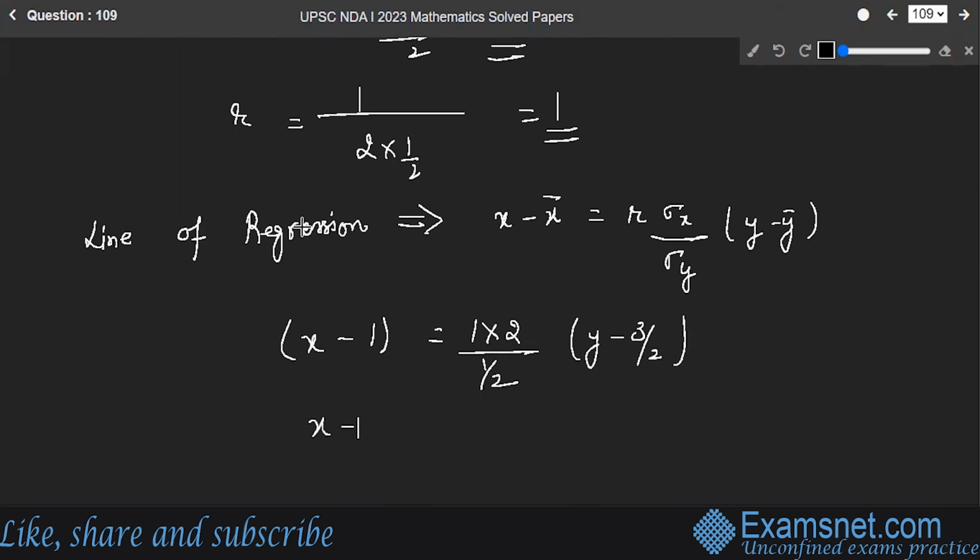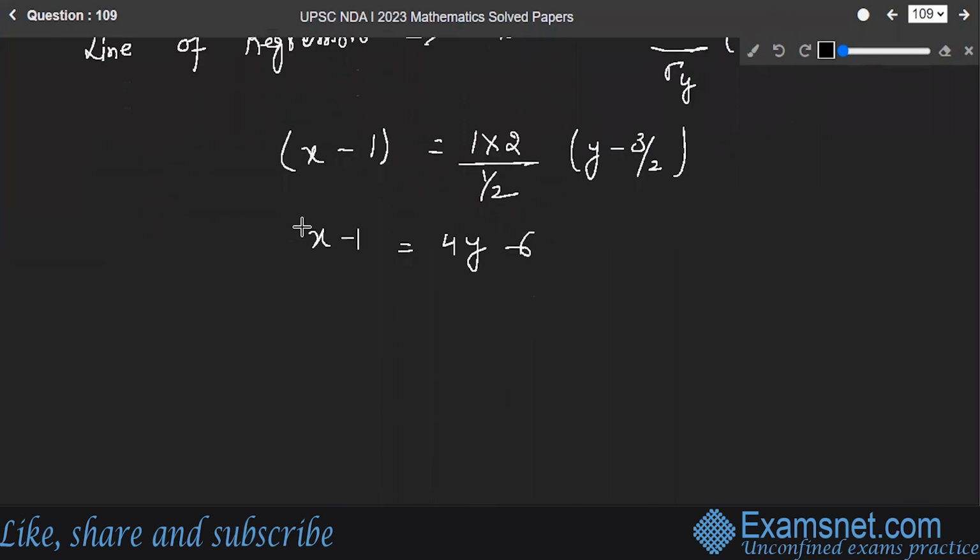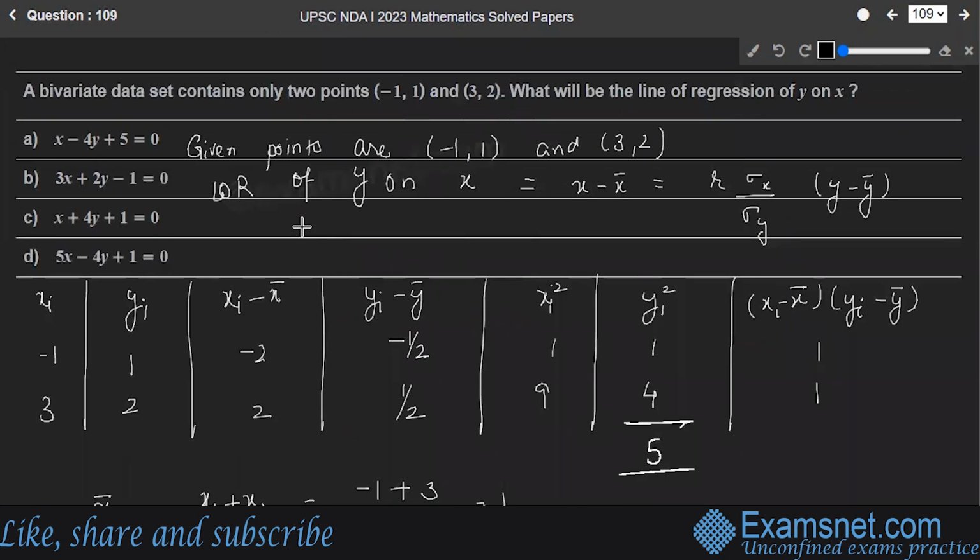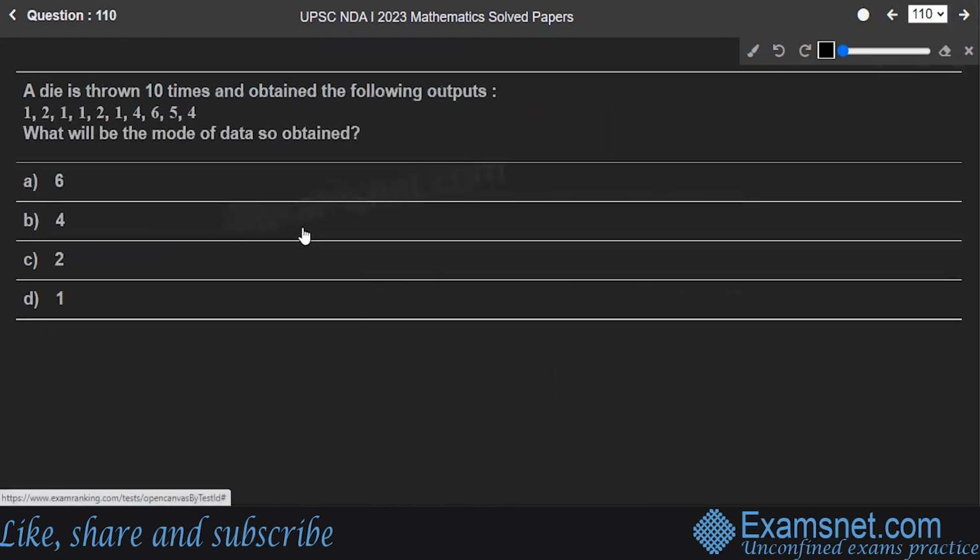This will give you x minus 1 is equal to 4y minus 6, or x minus 4y plus 5 is equal to 0. Let's check with the options. We have option A as the correct answer. Hope you got that.